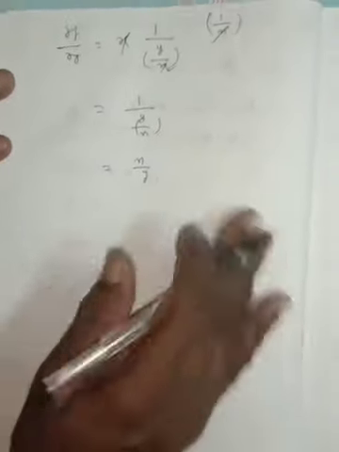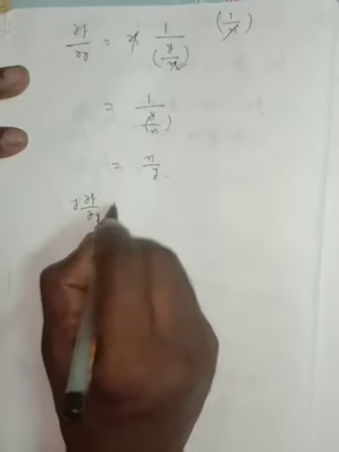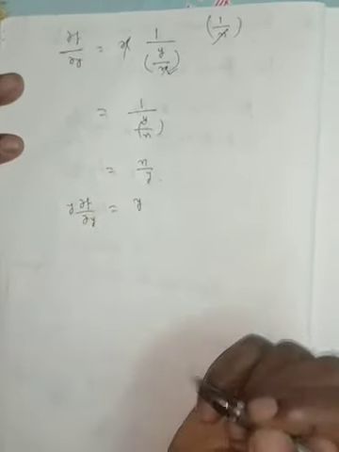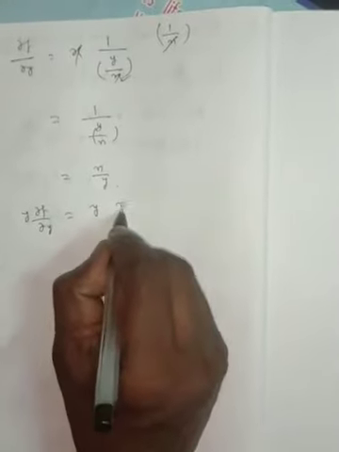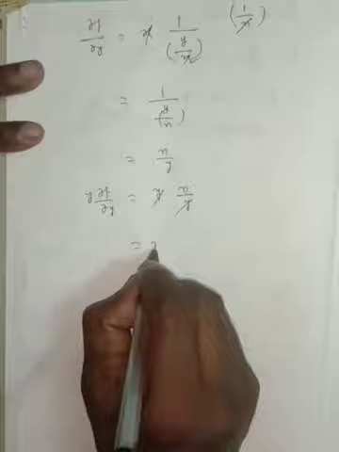Now y into dou g by dou y is equal to y into x by y. This and this are cancelled, we get x.